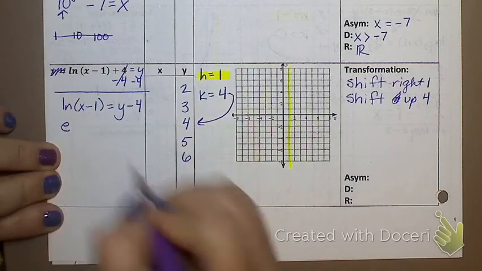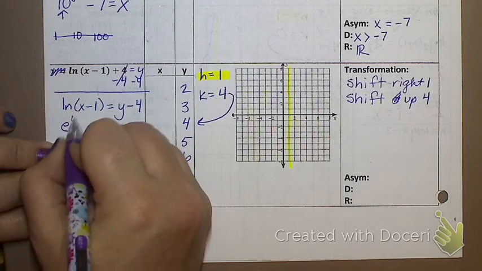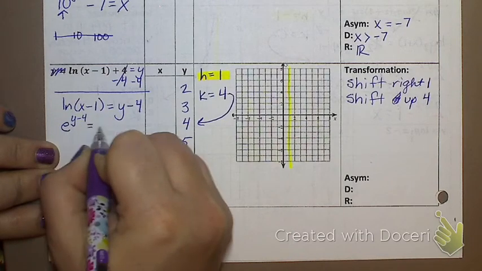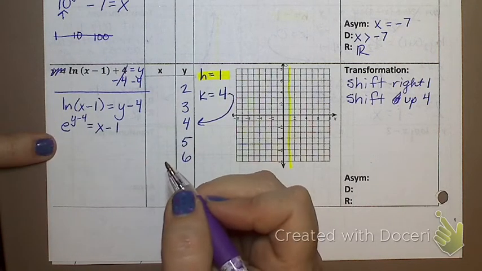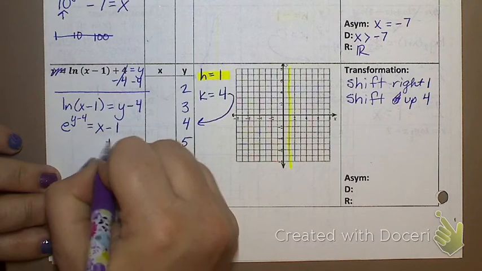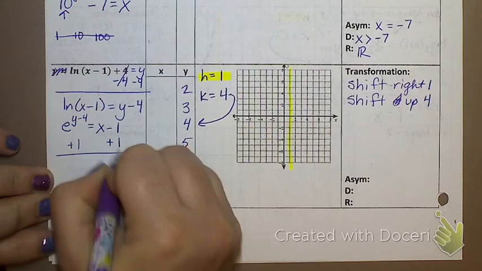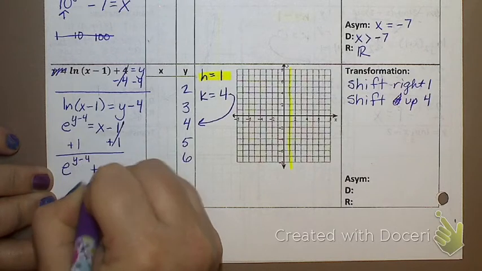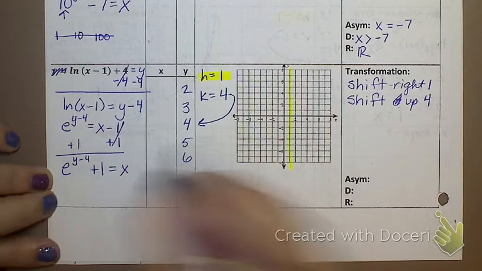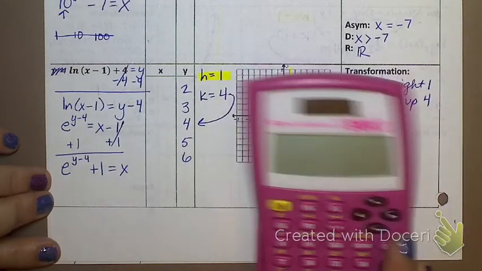E. What's the exponent? Y minus 4. Equals x minus 1. So the key there, you got to remember natural log means it's got a base of e. Last step, I'm going to add 1. So I have e to the y minus 4 plus 1 equals x, and that's what I'm plugging numbers into.